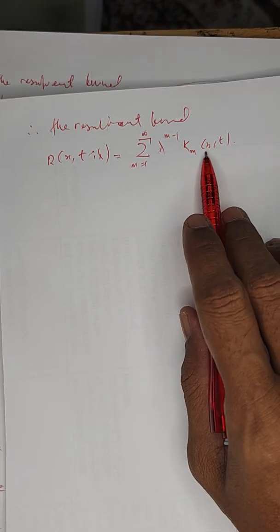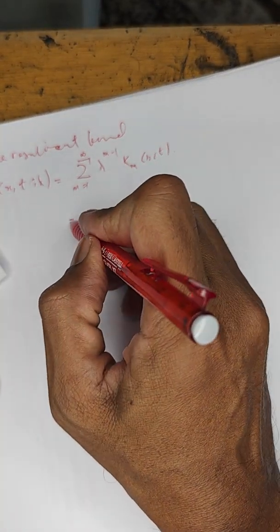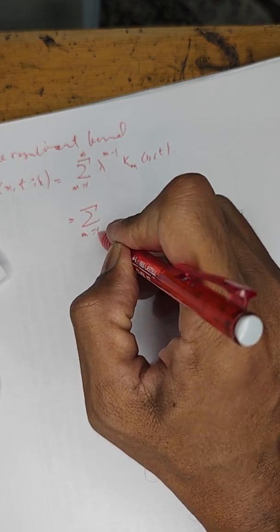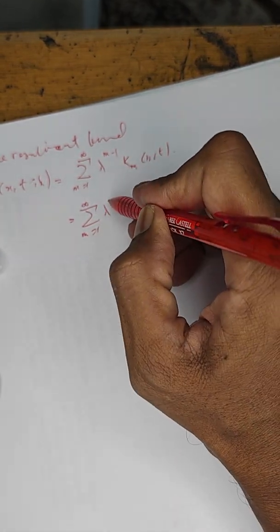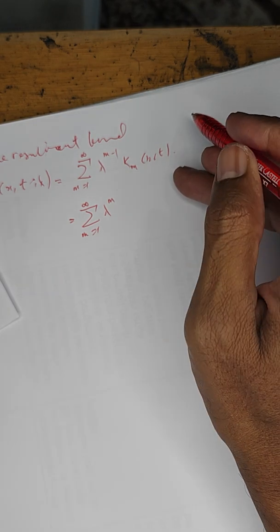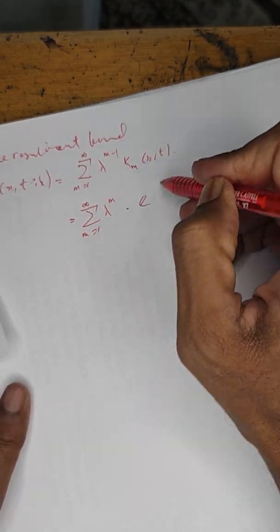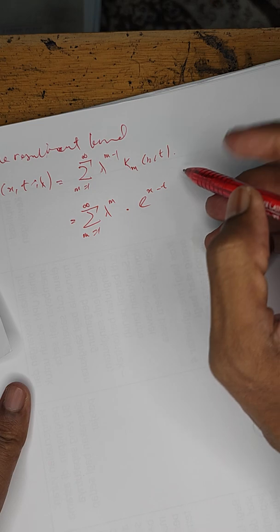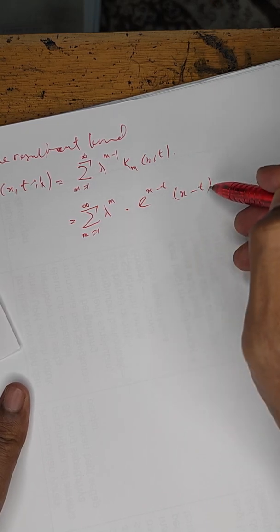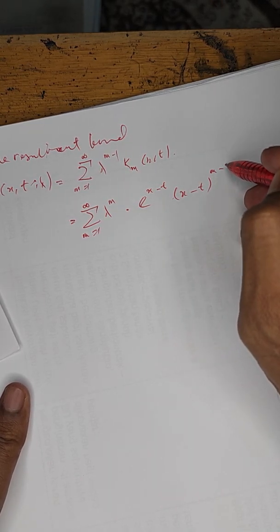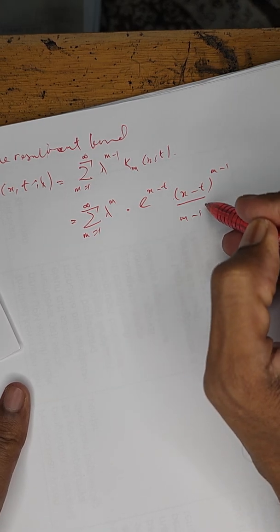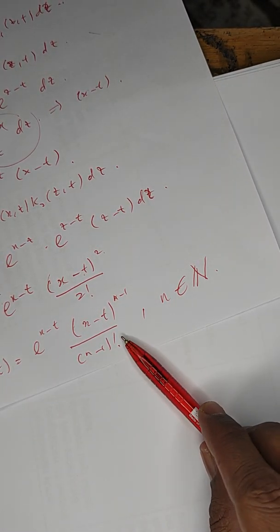If you substitute those K that we have obtained earlier, this gives you the sum from m equal to 1 to infinity of lambda^(m-1), and K_m is given as e^(x-t)(x-t)^(m-1) over (m-1) factorial. Just replace with this, the one that we obtained previously.